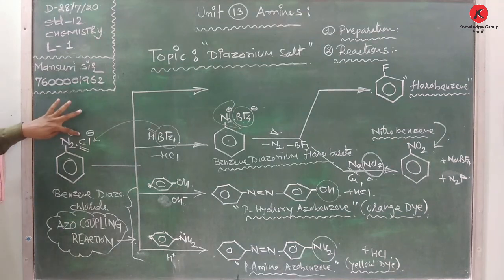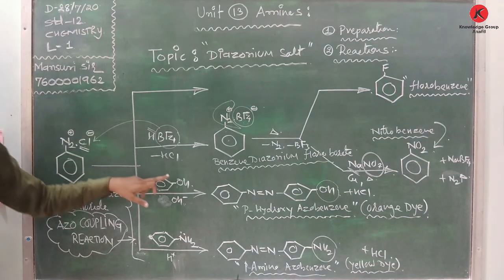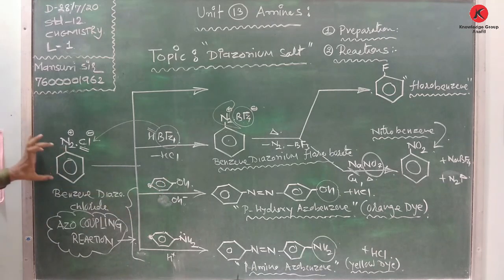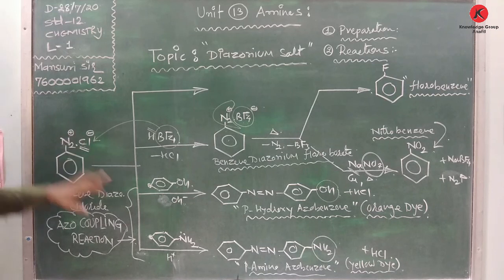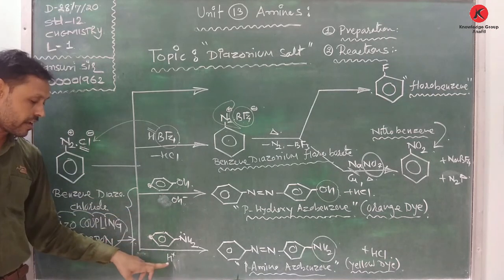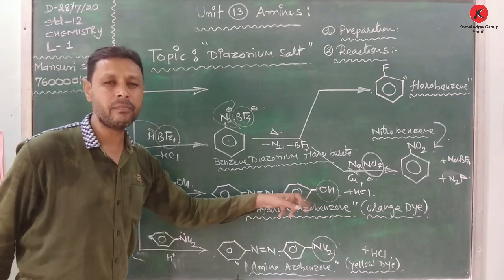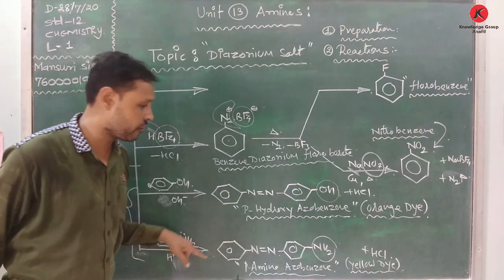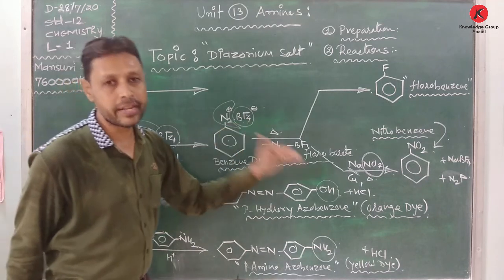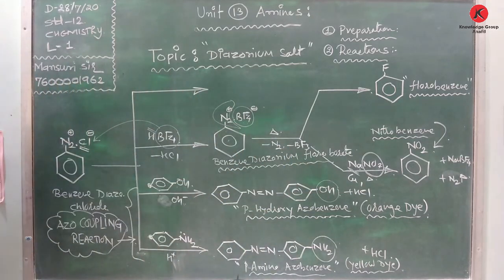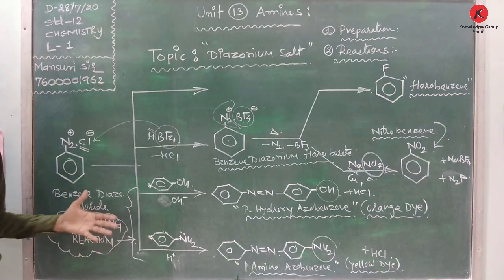Benzene diazonium chloride reacts with phenol in presence of basic media, and benzene diazonium chloride reacts with aniline in presence of acidic media. Then para-hydroxyazobenzene and para-aminoazobenzene are formed, which are orange dye and yellow dye respectively. These reactions are known as azo coupling reactions.